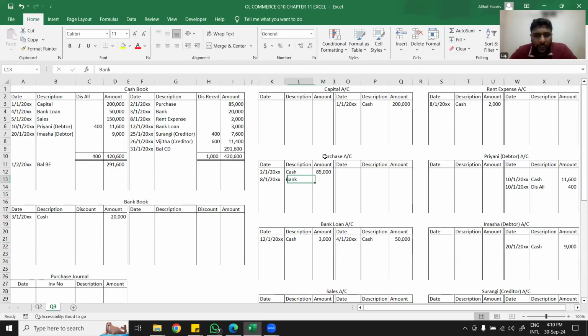What's the value? 15,000. Purchase account debit, bank account credit.